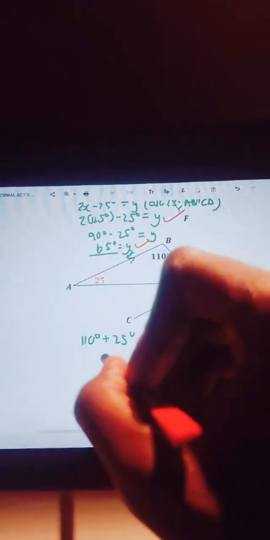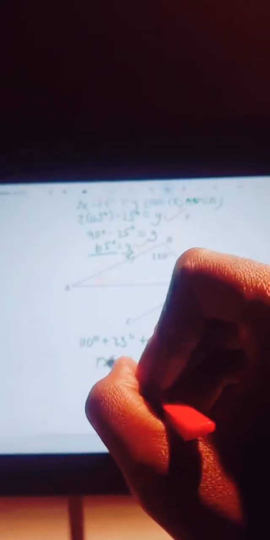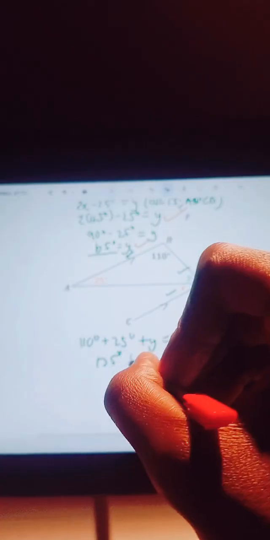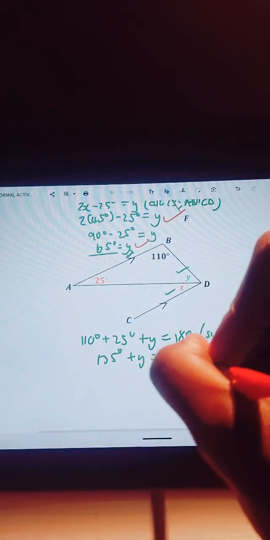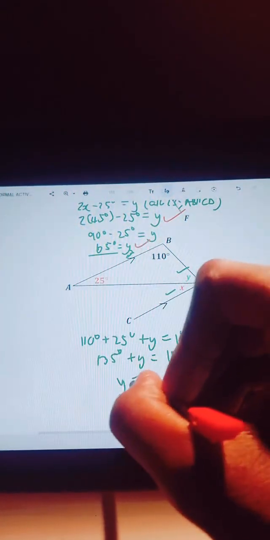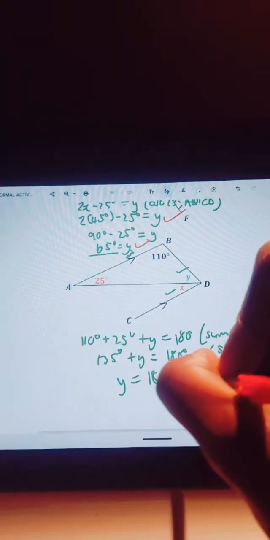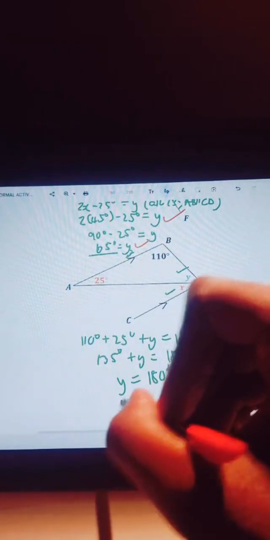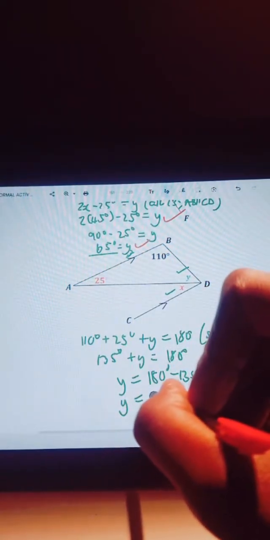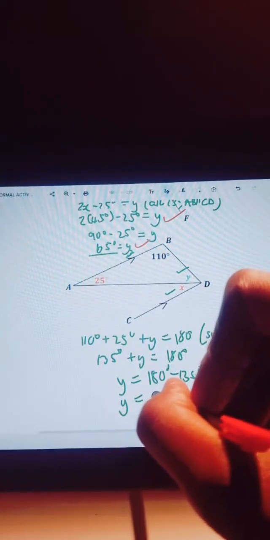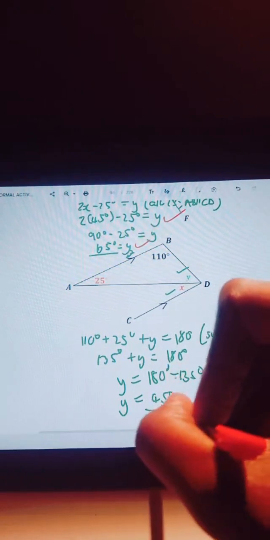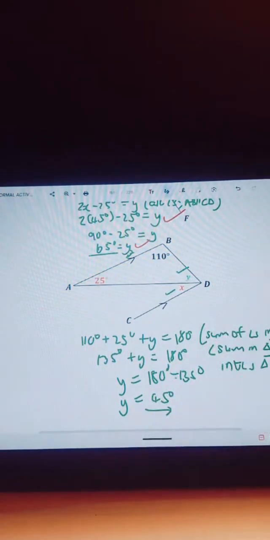Then when we solve for y, we have 135 degrees plus y is equal to 180. We take the 180, the 135, transpose it, we get y is equal to 45. So that's fine.